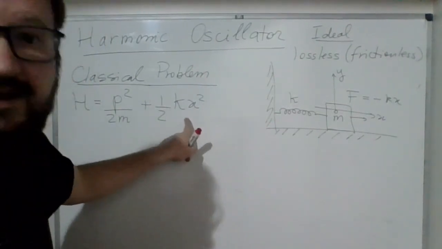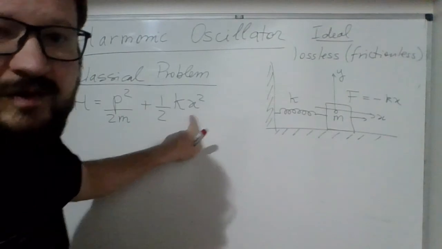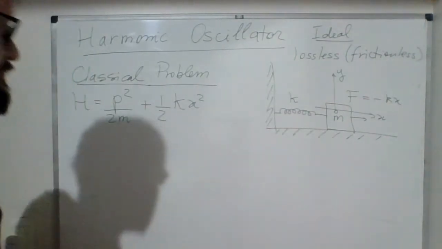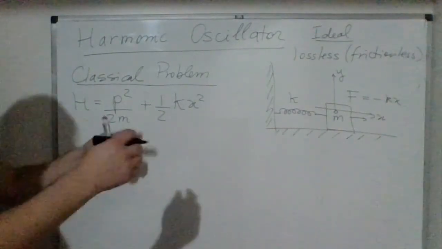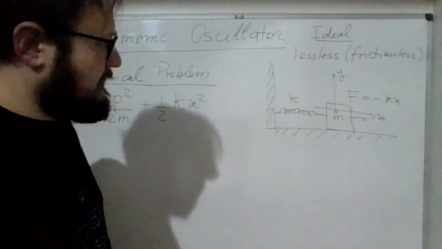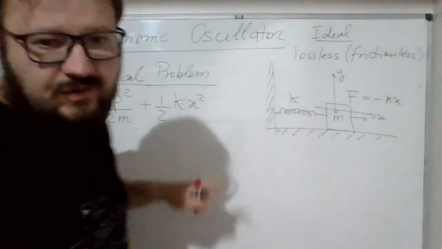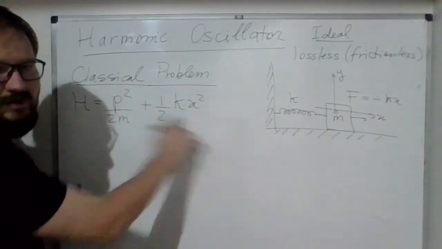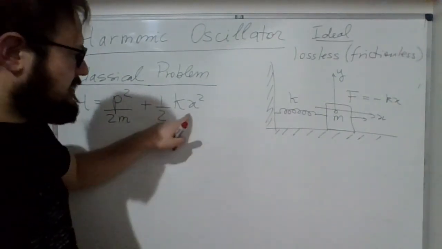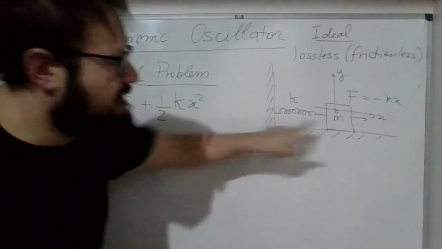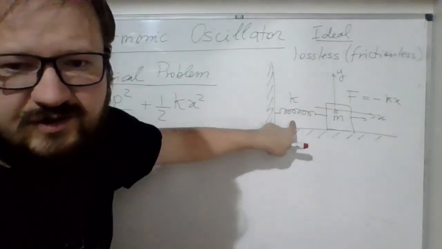This potential energy is provided by the spring and the restoring force. So this term here corresponds to the potential energy of this mass under the influence of this spring.